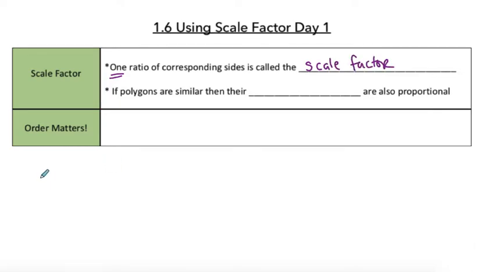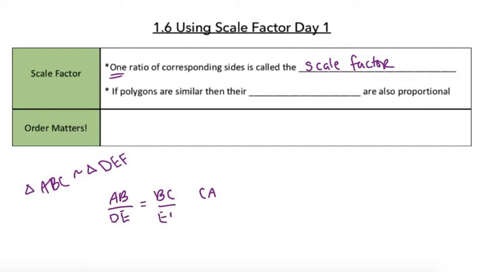So if I had triangle ABC is similar to triangle DEF, our statement of proportionality, our proportion, would be AB, BC, and CA going with DE, EF, and FD.